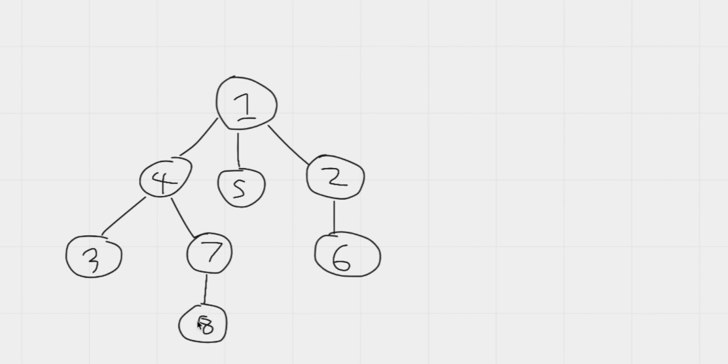So here, the second ancestor would be 1, and the first would be 4, right? So how would we find this in an algorithm? The easy answer is just to traverse up the tree n times. So if we want to find the third ancestor, we just traverse up the tree: 1, 2, 3, third ancestor, 1.